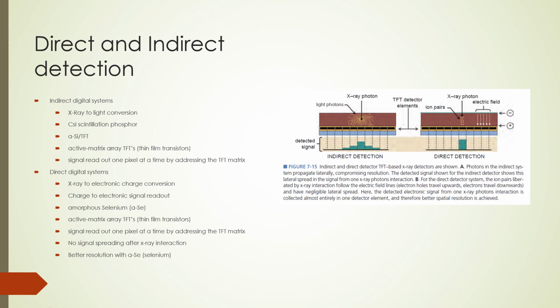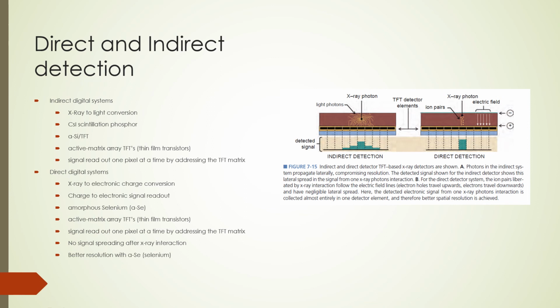DR systems may be classified as either indirect or direct detection systems. An example of a direct system is one that uses amorphous selenium and a thin film transistor for readout of charges. An example of an indirect system uses cesium iodide with amorphous silicon-based TFT photodiodes to read out the signal.